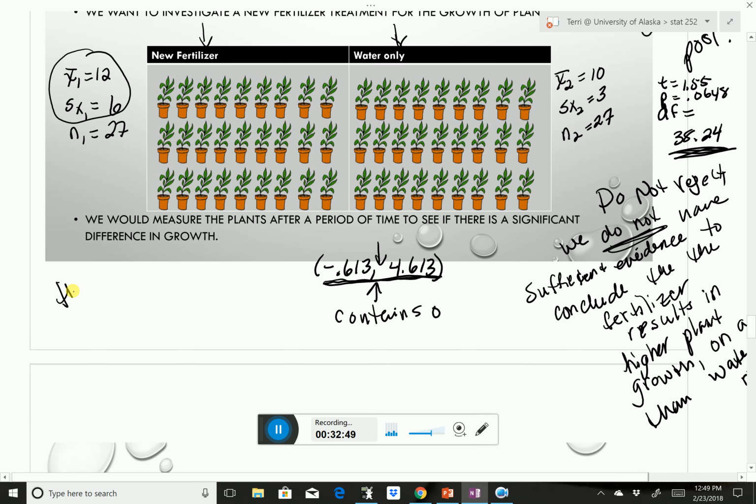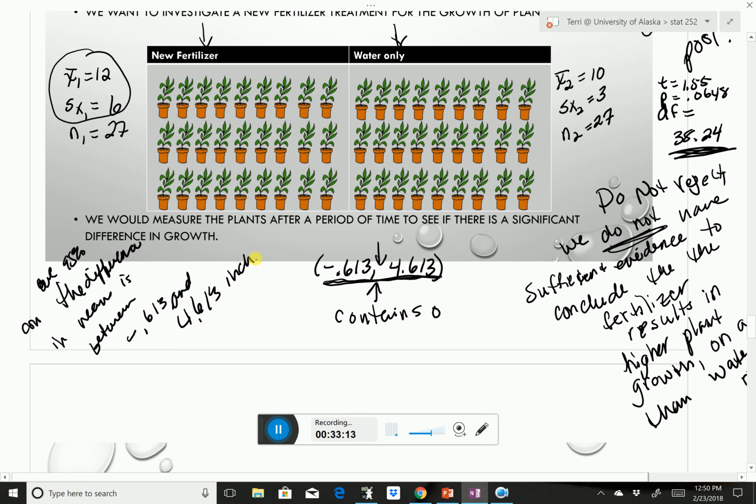So we are 95% confident the difference in means is between negative 0.613 and 4.613 inches.